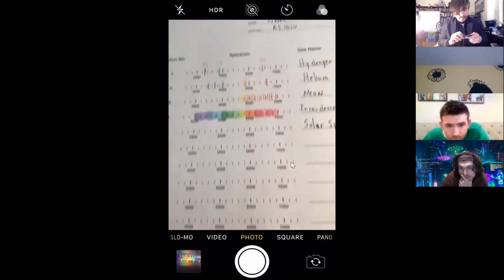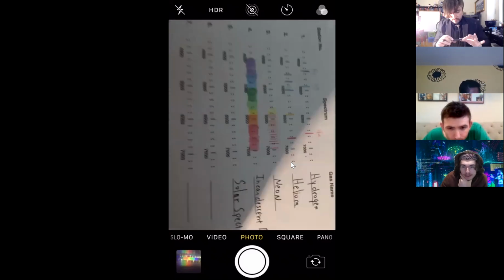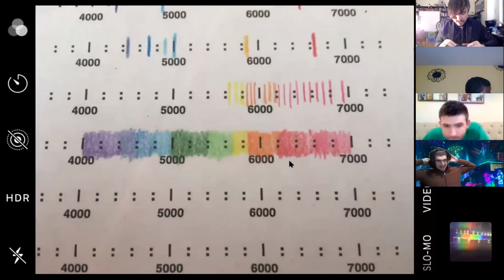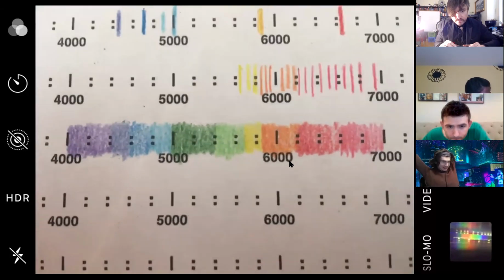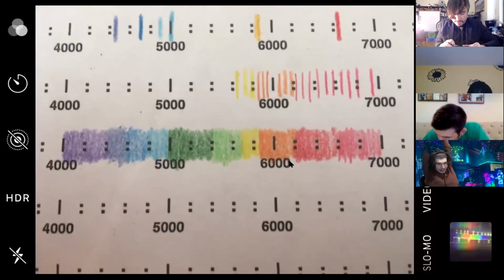Cool. Hold on. That's what my spectrum looks like. What do you guys think? Can you just hold it there for a minute? Yep. I'm gonna do this so my hand doesn't shake.